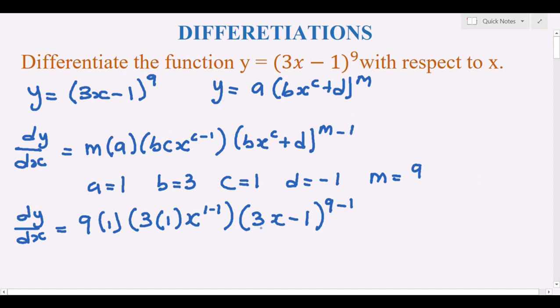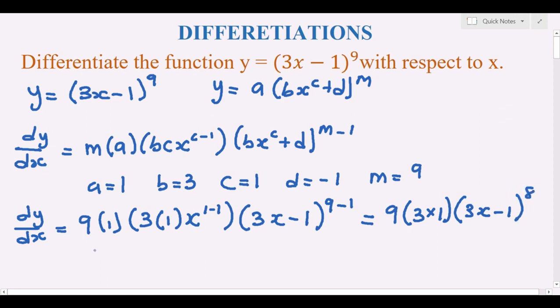So this will give us 9 into 3. 1 minus 1 will give you 0. x raised to the power 0 is 1, times 1, into (3x minus 1) all raised to the power 8.